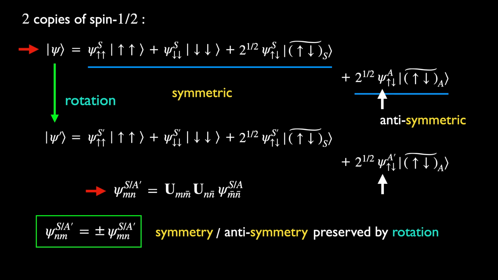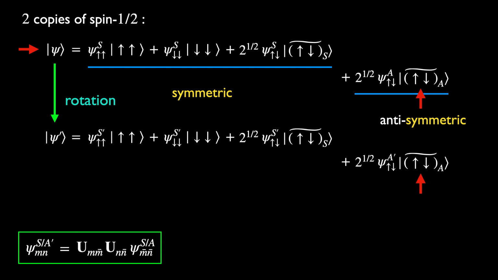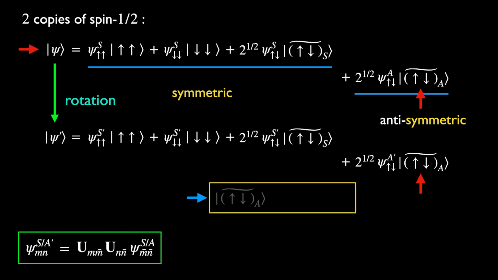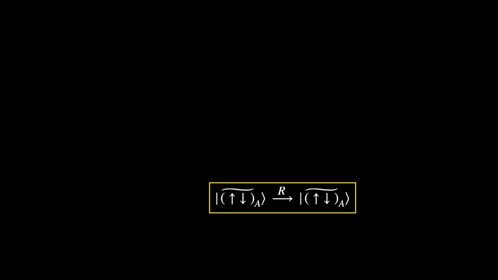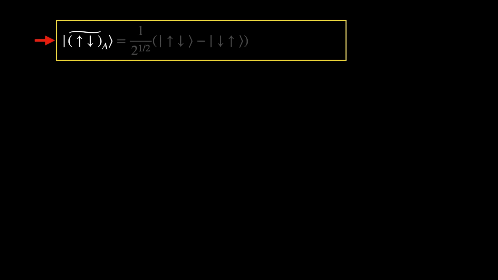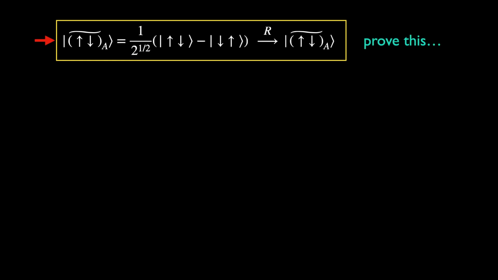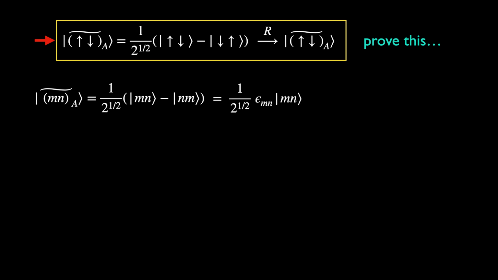But let's verify this directly by looking at how this anti-symmetric state transforms. If it is invariant under rotation, so should be its coefficient, since after all, we have derived the transformation rule for the coefficients from how the states transform. Let's prove this. Let's rewrite this state as the following. This can be expressed as a contraction with the epsilon symbol.